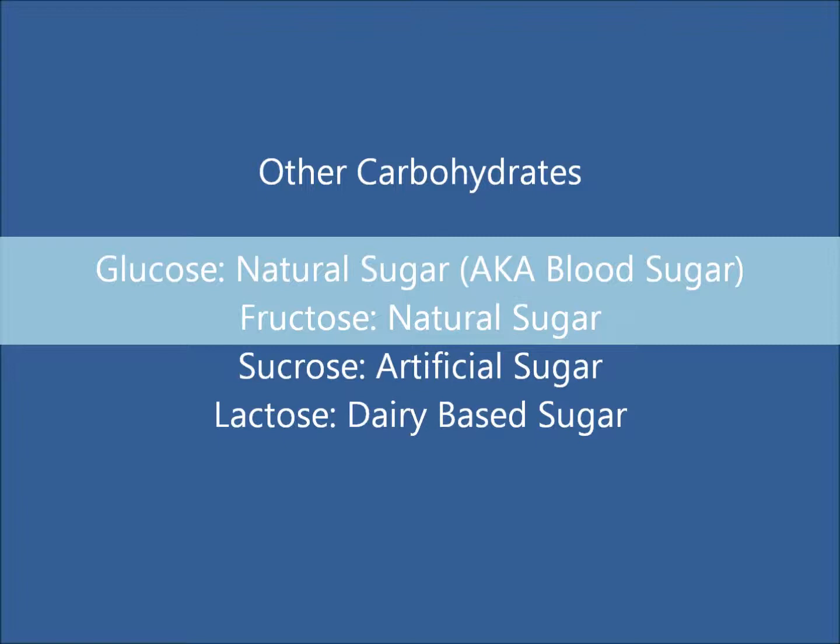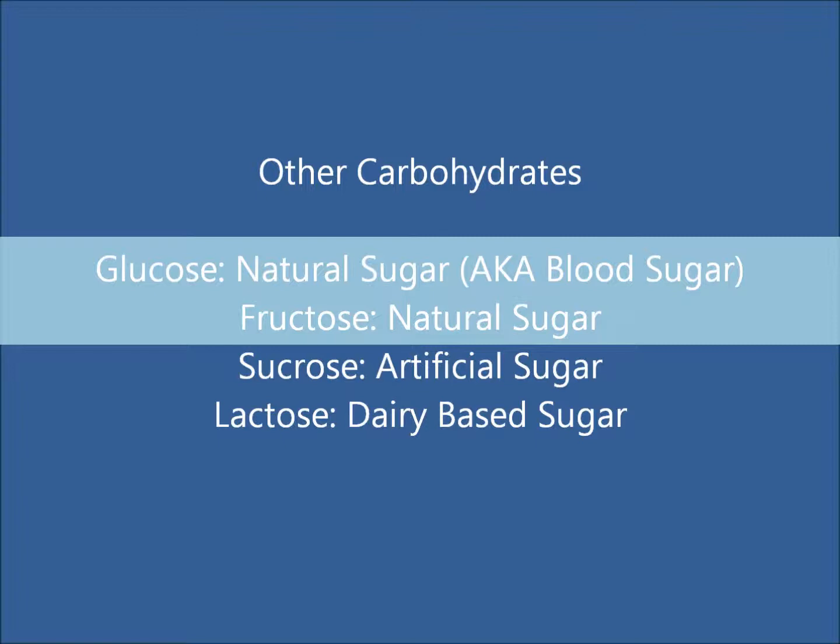Glucose and fructose are much easier because they're naturally occurring in fruits, vegetables, and so on. Your sucrose is an artificial sweetener, like Splenda, so that's a little bit harder, and your body typically doesn't digest that. Lactose is your dairy-based carb, so that can also be converted over relatively quickly since it's a natural substance.